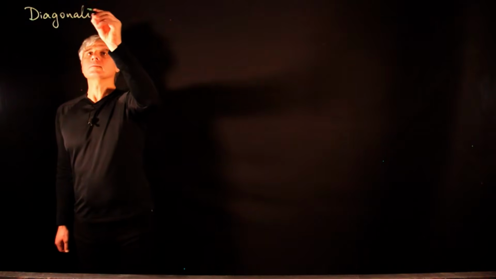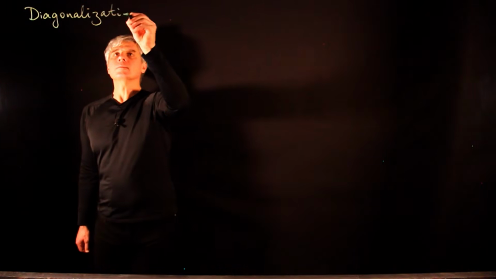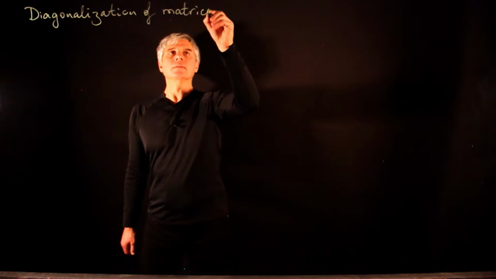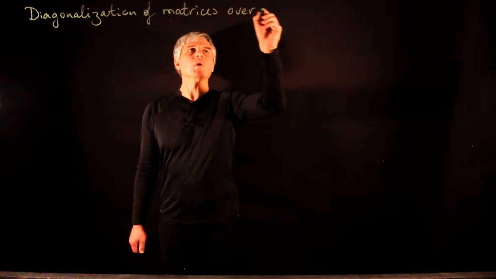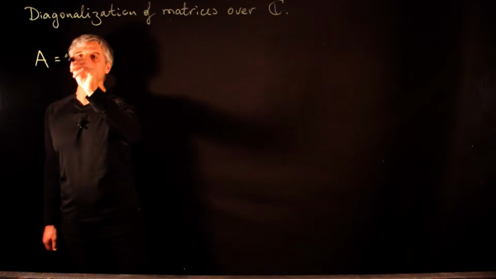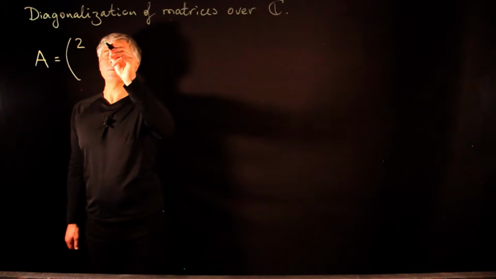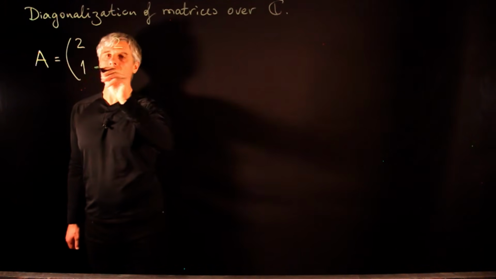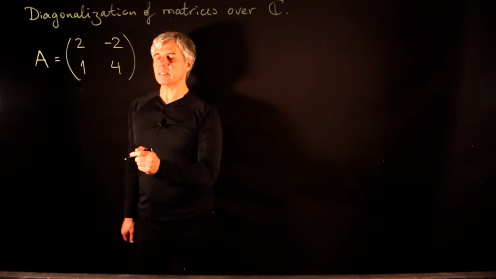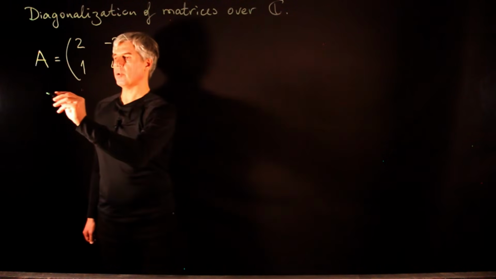Next, let us discuss diagonalization of matrices over complex numbers. Suppose we have the following matrix: A is 2, minus 2, 1, 4. In order to diagonalize it, we start with the characteristic polynomial.